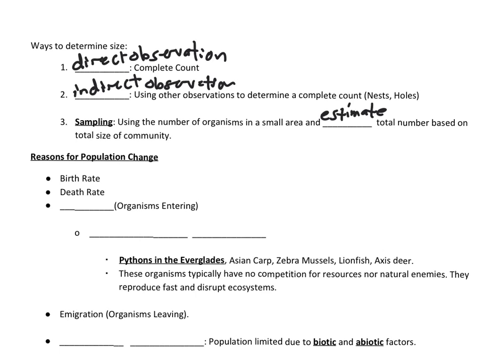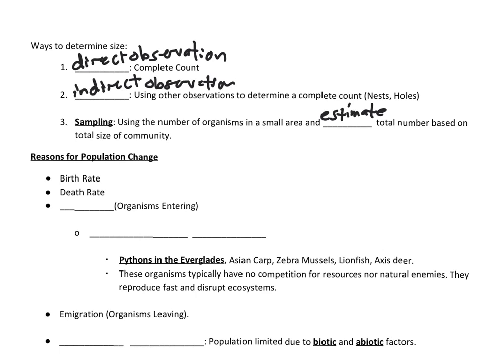Right? And there are some reasons why we might end up having some population changes. They grow, they shrink. Having a birth rate change would increase or decrease the population. Having a death rate change would increase or decrease the population.